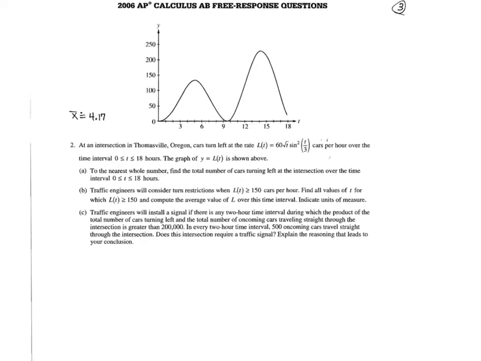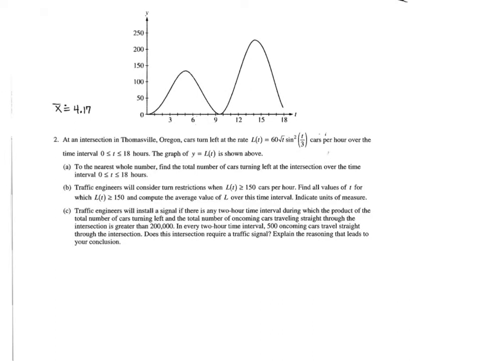Next, I'm going to the first FRQ, and we're going to talk about this one together. This right here tells us what the average score was in the nation on this exam question.